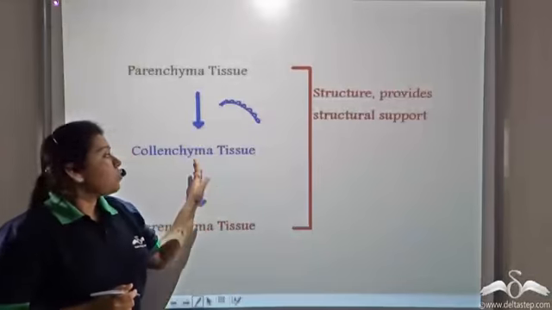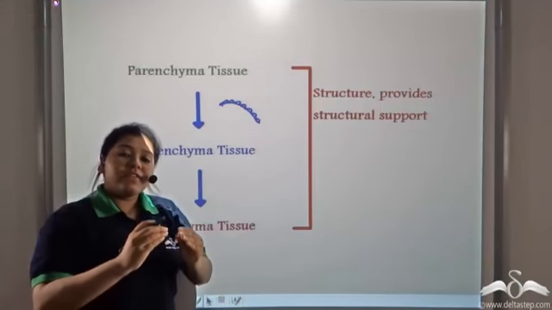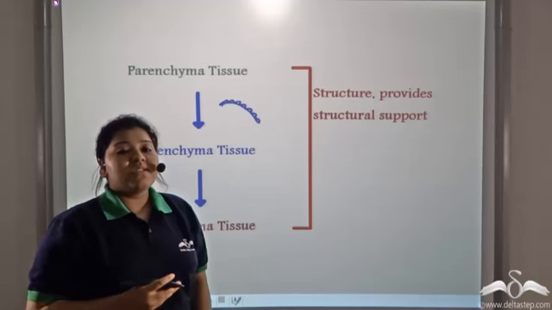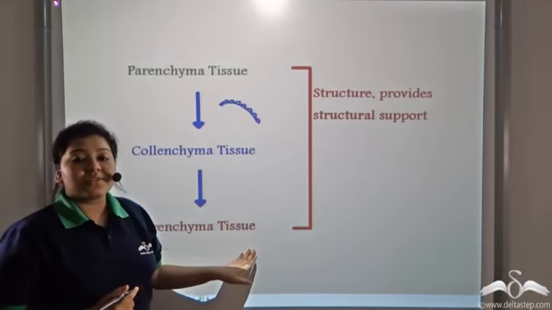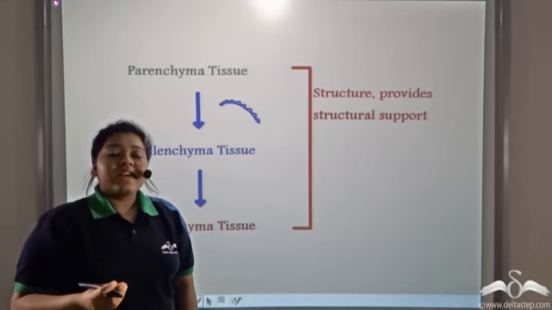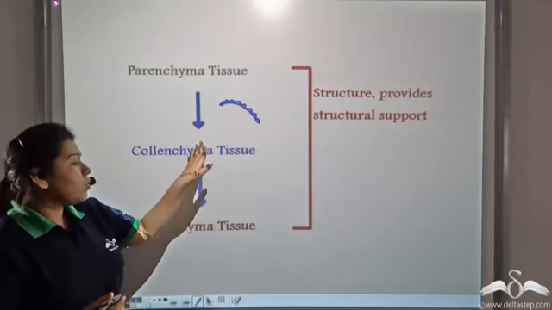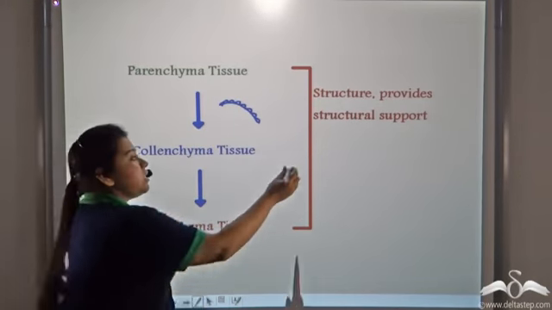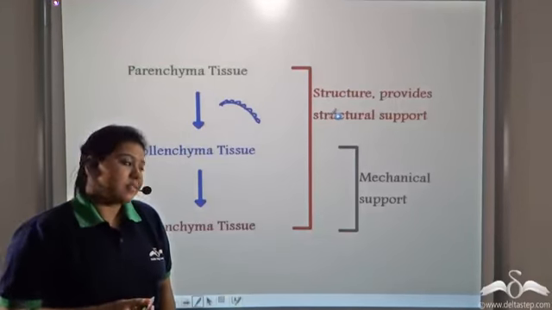Only the collenchyma tissue and the Sclerenchyma tissue have thickened cell walls because of additional depositions like lignin in the case of the Sclerenchyma tissue. Because of these additional depositions, they provide a lot of strength to the plant. Therefore, Collenchyma tissue and the Sclerenchyma tissue only provide mechanical support to the plant.